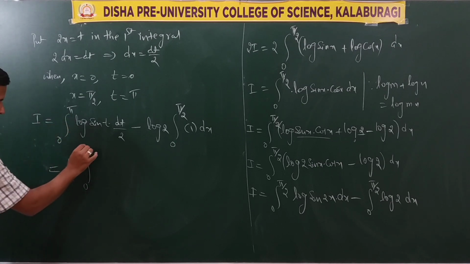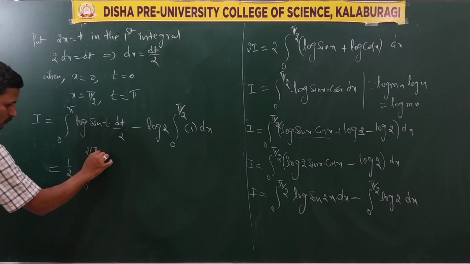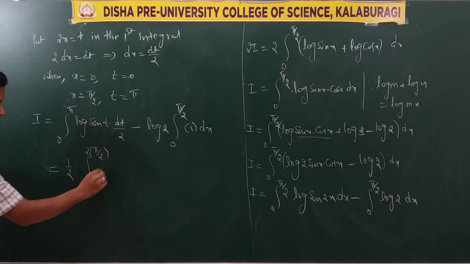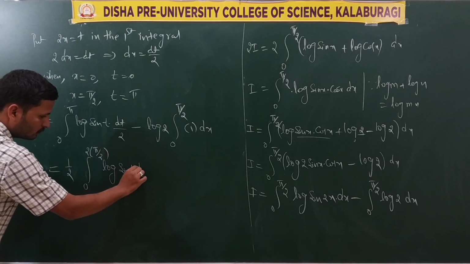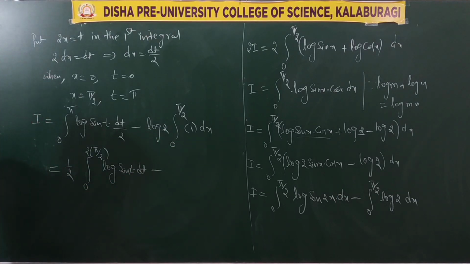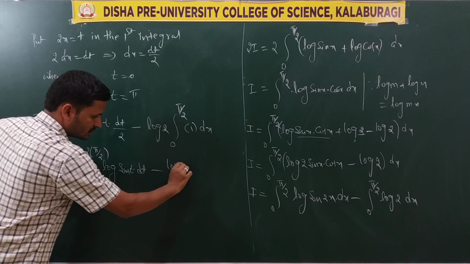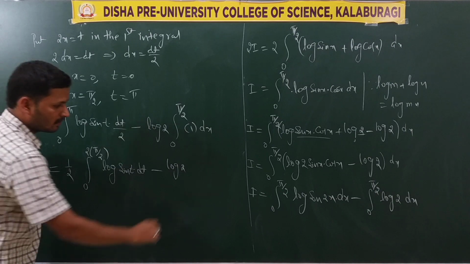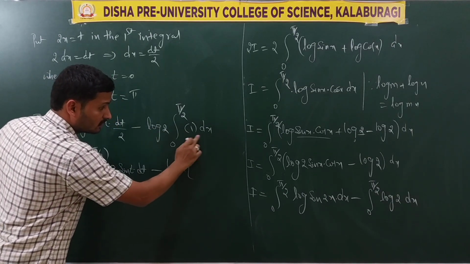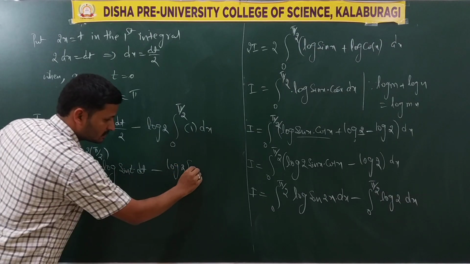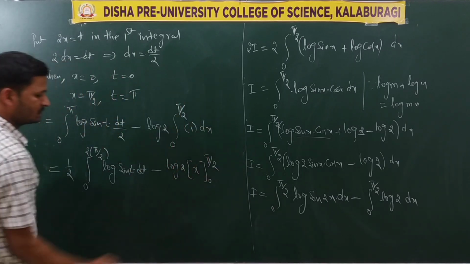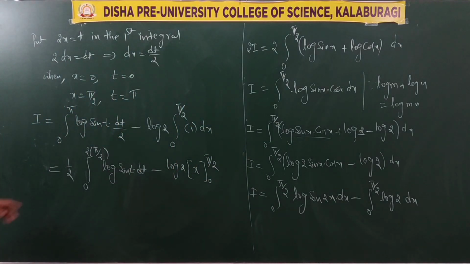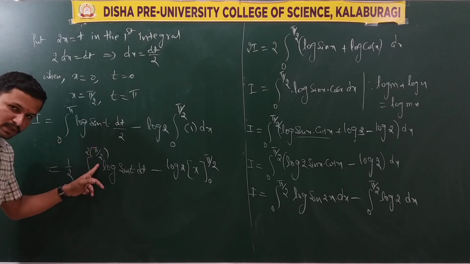This pi can be written as 2 times pi by 2, into log of sin t dt, minus log 2 times the integral of 1, which is x, from lower limit 0 to upper limit pi by 2.